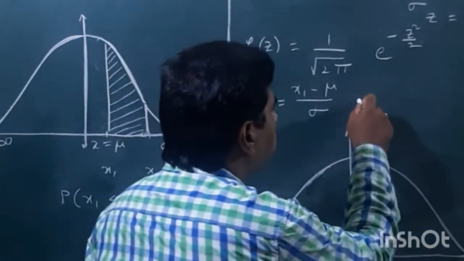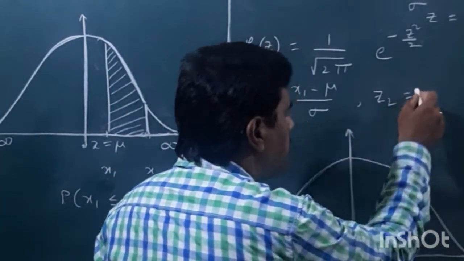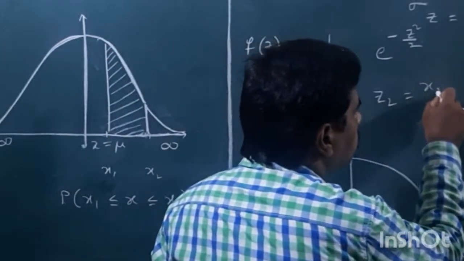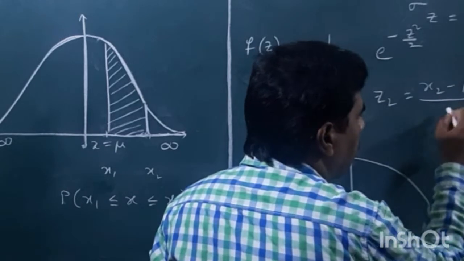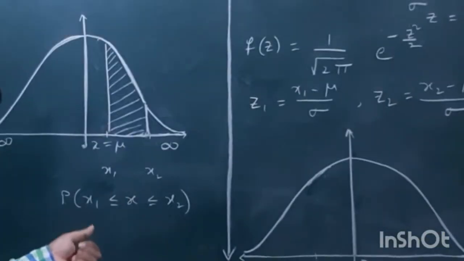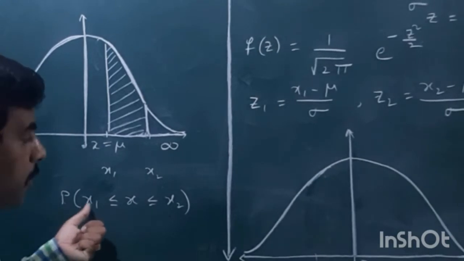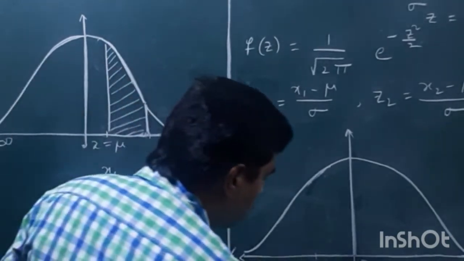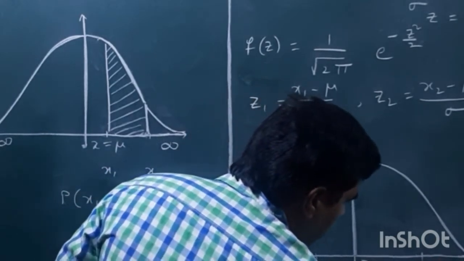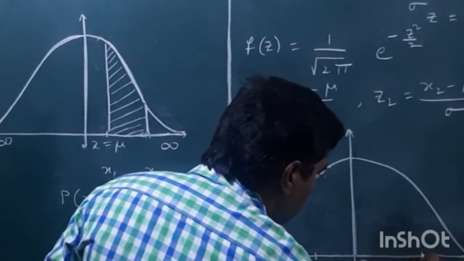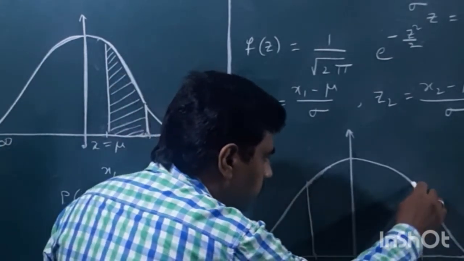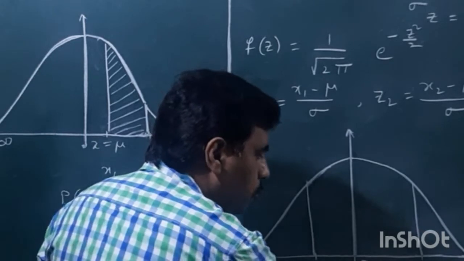Similarly, there is another point x2, that is z2 equals x2 minus mu by sigma. Therefore, corresponding to x1 and x2, we will get two values z1 and z2. Now we need to find the area between these 2 points.